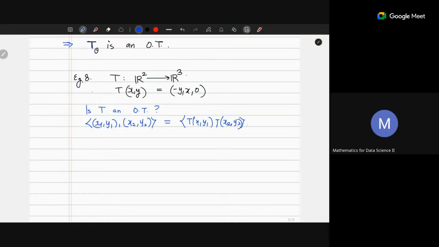On both sides, we have the standard dot product. Yeah, T is an orthogonal transformation. Yes. Good.